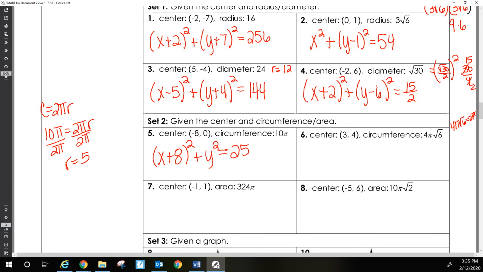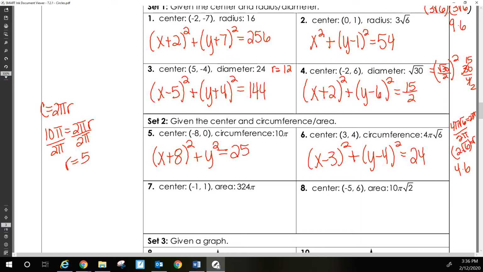So if I divide off the 2 pi, I get 2 square root 6 for my radius. So I get (x minus 3) squared plus (y minus 4) squared. This guy squared is going to be 2 squared, which is 4, times square root of 6 times square root of 6, which is 6. 4 times 6 is 24.